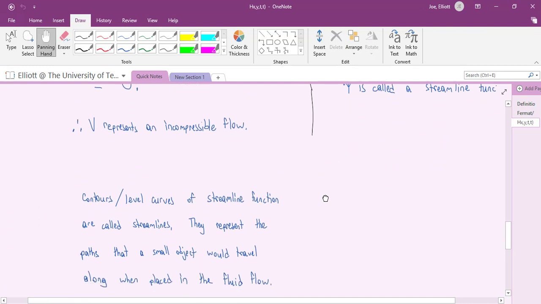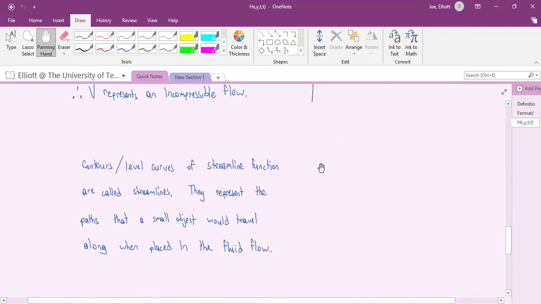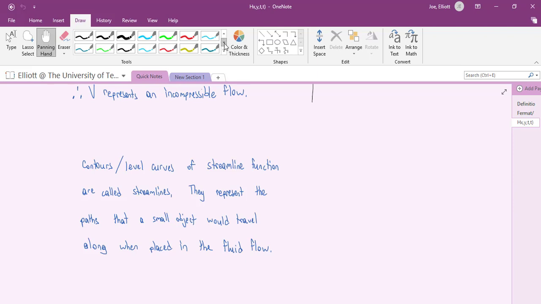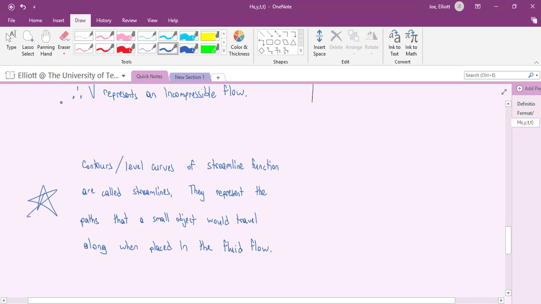The key fact about a streamline function is that the contours of the streamline function, which are called the streamlines, represent the path that a small object would travel along when placed in the fluid flow. So I thought I would illustrate that with an example that we can explicitly see.